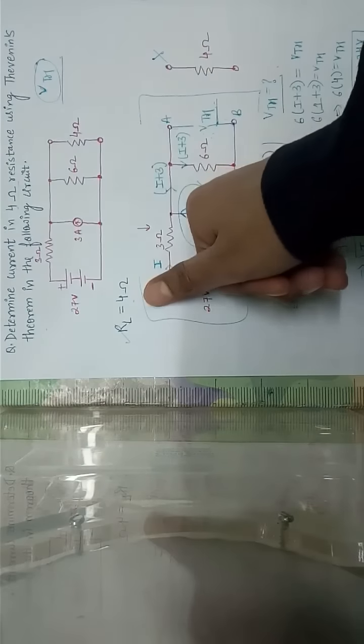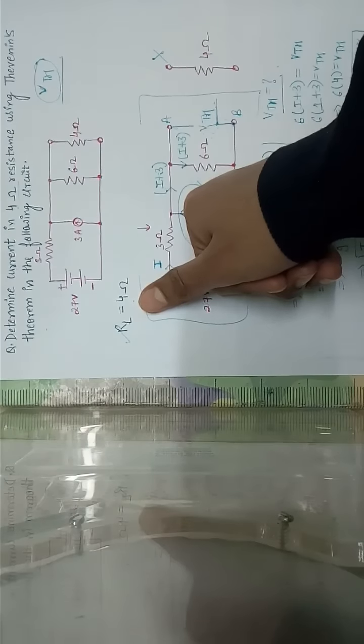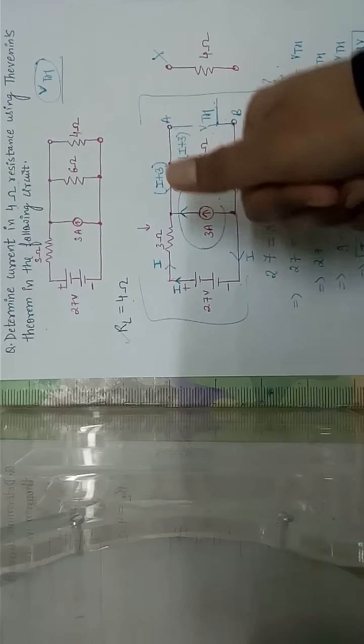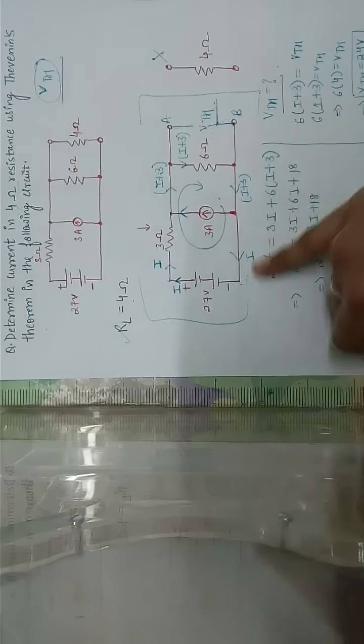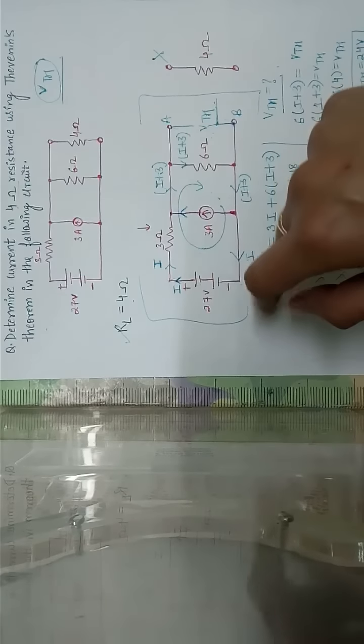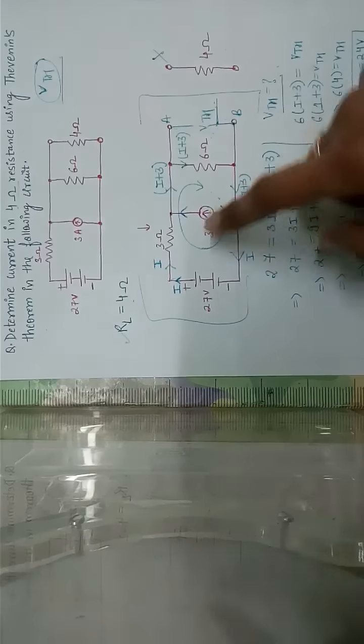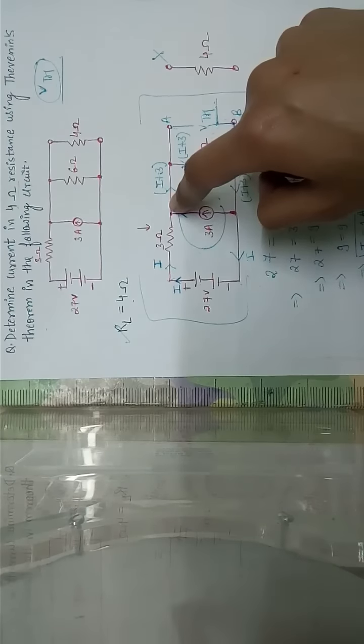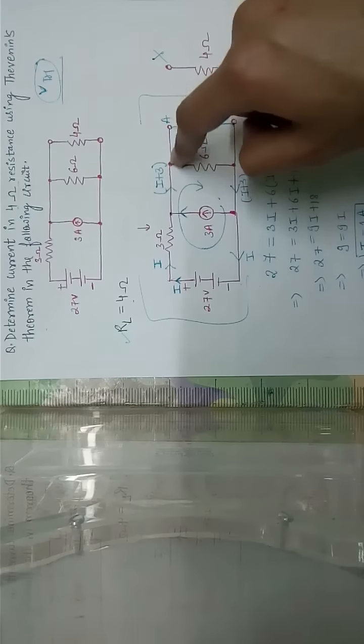Now, after this, our next aim was to determine the current in this circuit. You can very easily see that, as we have shown as well, over here current I was flowing, over here 3 ampere current was flowing, so it adds up to I plus 3.